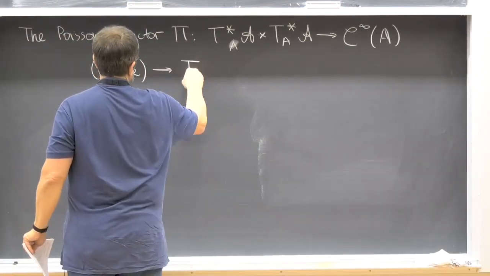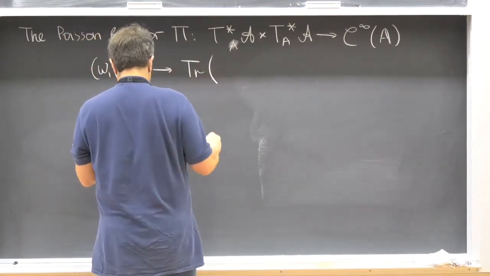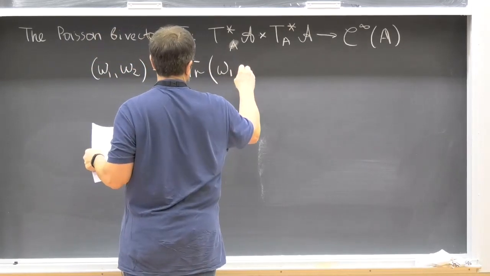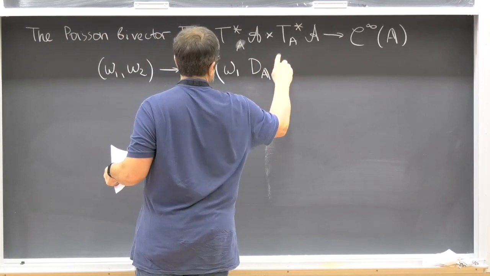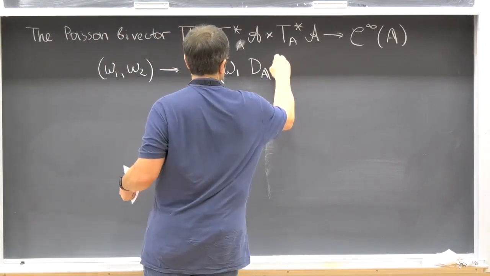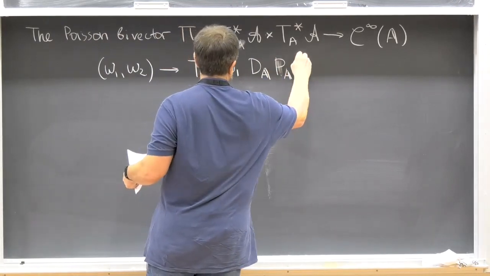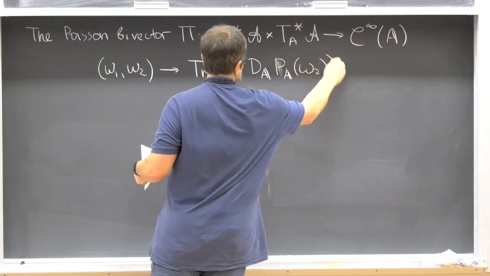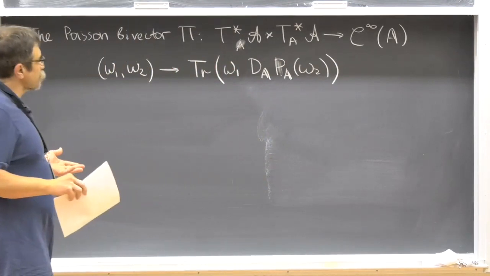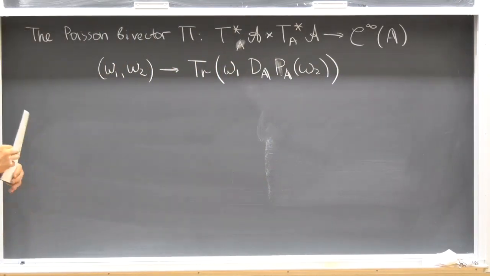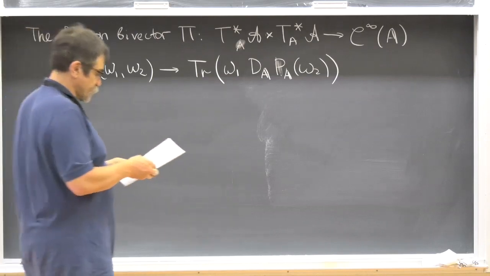They are mapped into this trace form where we have just omega 1, and then we have the action of these two operators on omega 2. Just some linear algebra construction. So there will be a lot of linear algebra constructions here.